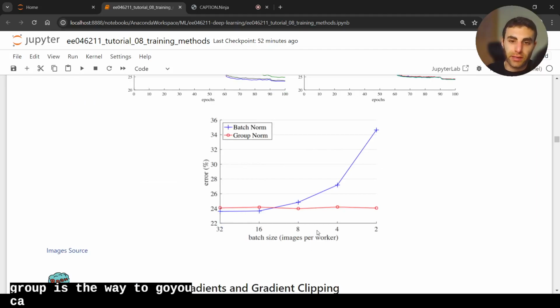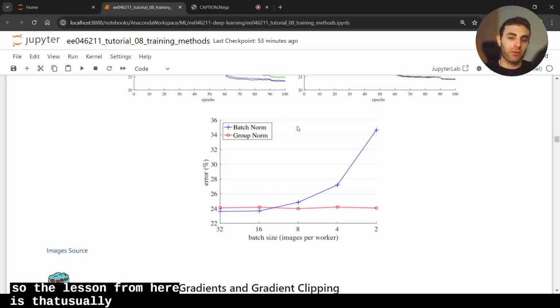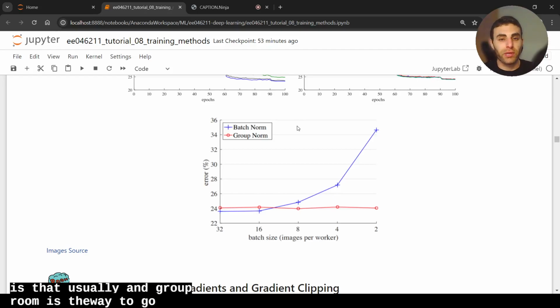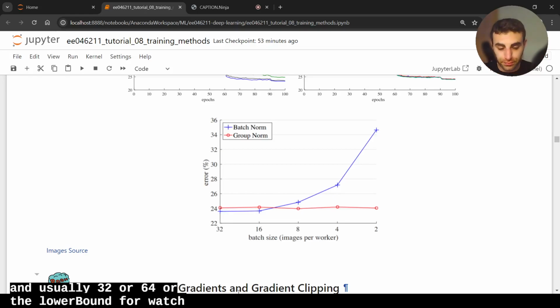Given the size of the batch, group norm is quite agnostic, while batch norm is significantly affected. So the lesson is that group norm is usually the way to go when you cannot utilize large batches, and batch norm might be used if you can utilize large batches. Usually 32 or 64 is the lower bound for batch norm.